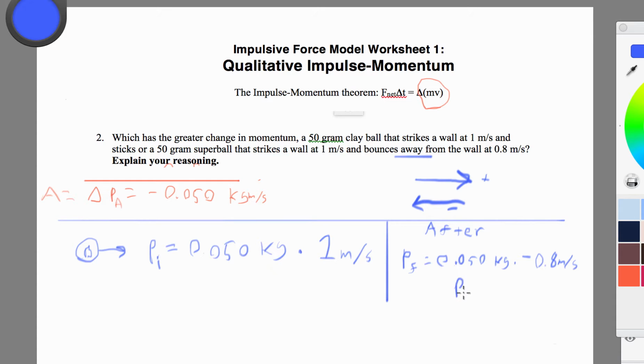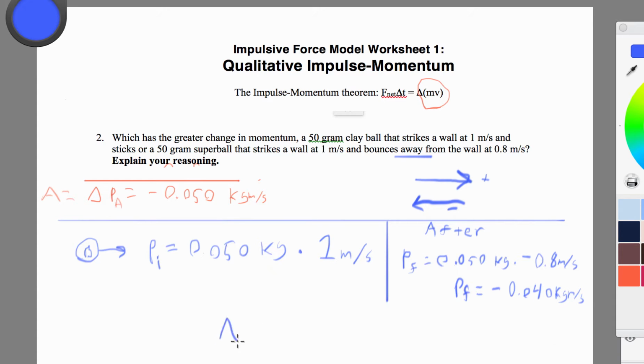So our final momentum is negative 0.040 kilogram meters per second.